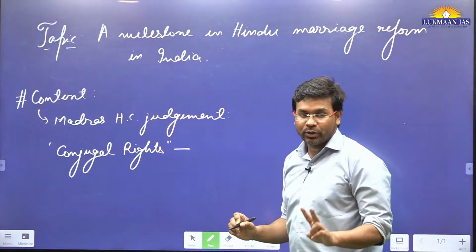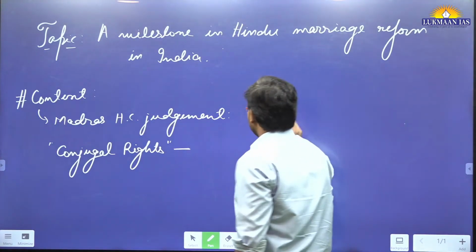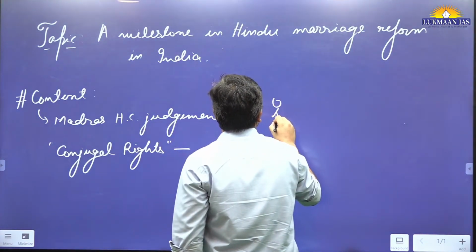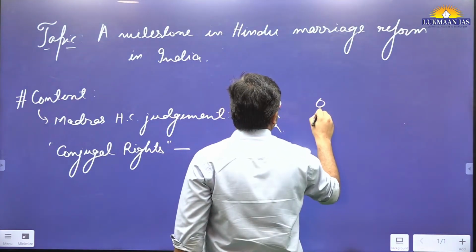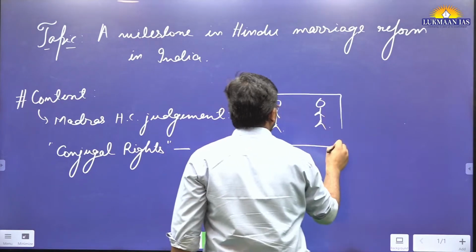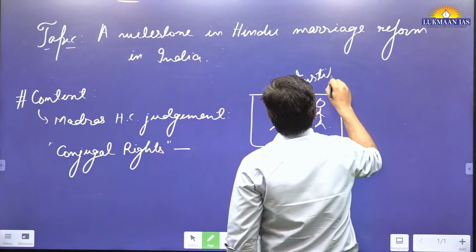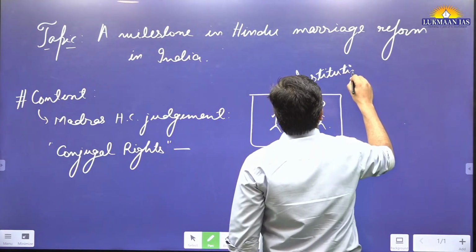These are the rights of married people to stay together. For example, let's say 2 persons are married, and this marriage is known as the institution of marriage. Means it is a legally done thing. Okay.